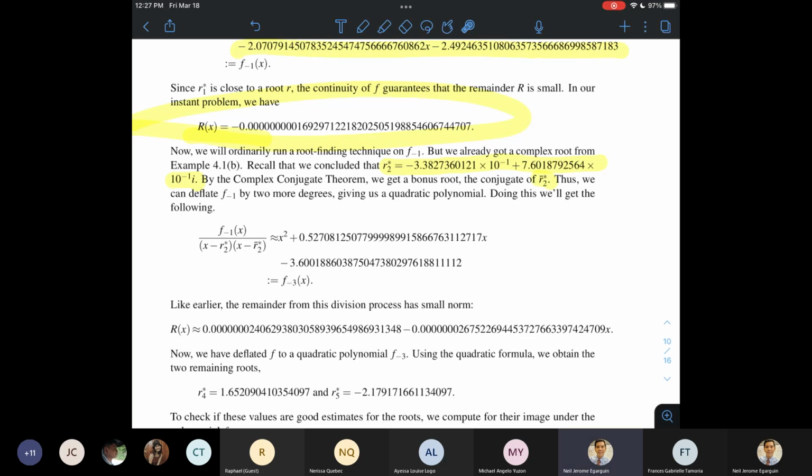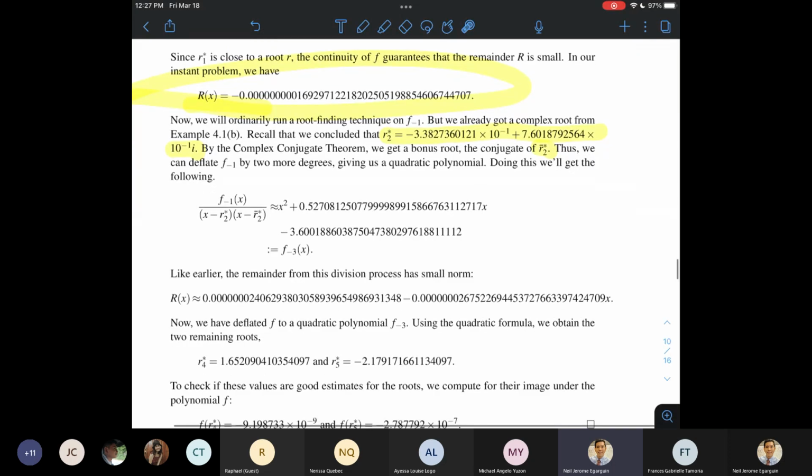Okay? So that means I can deflate the polynomial further by 2 more degrees kasi meron akong alam na dalawang factors. So ganun yung pinagawa ko uli kay Matlab. So yung deflated polynomial f sub negative 1, dinivide ko siya netong quadratic factor neto.